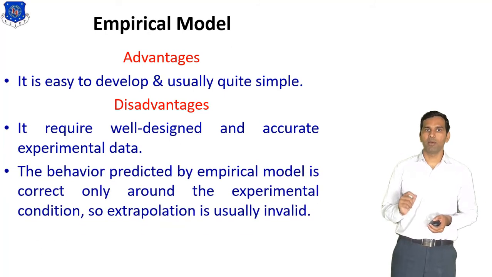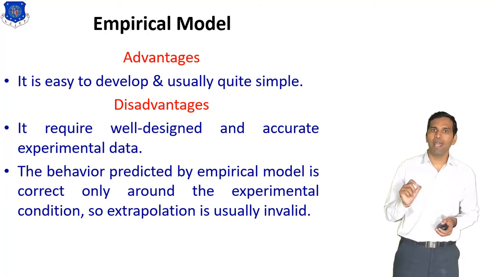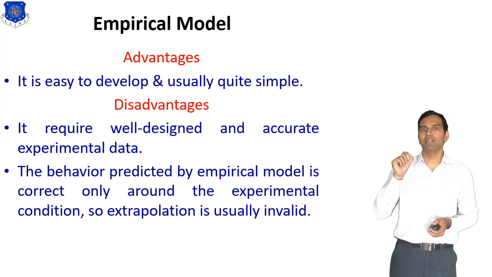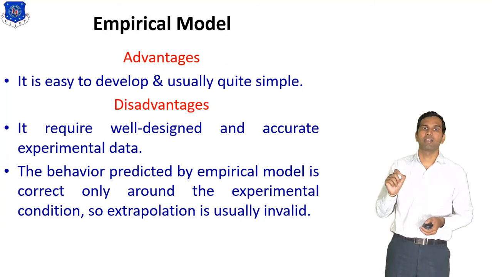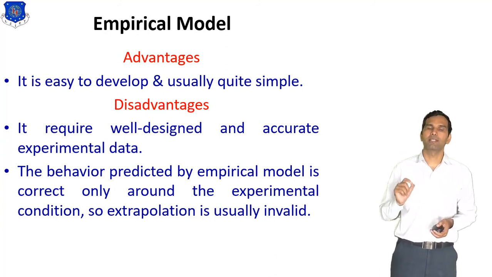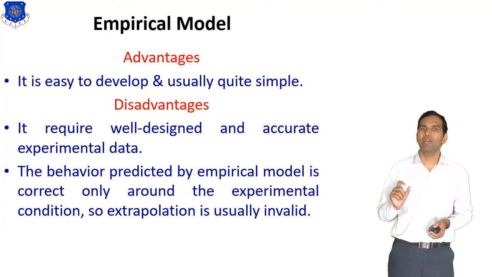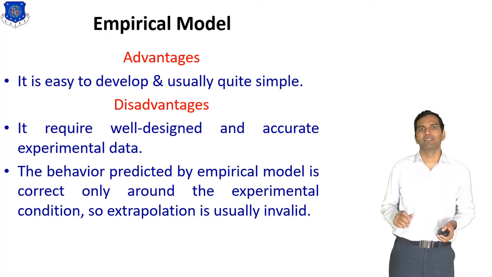The second one is that the behavior predicted by the empirical model is correct only around the experimental condition. This is the main limitation. So the extrapolation is usually invalid.